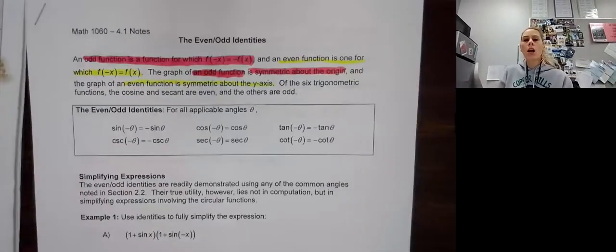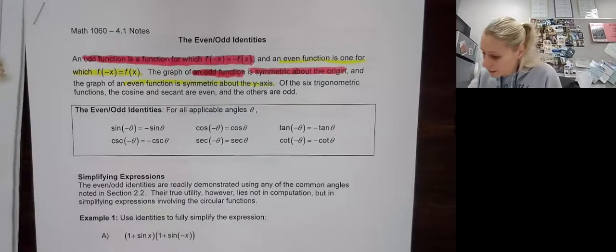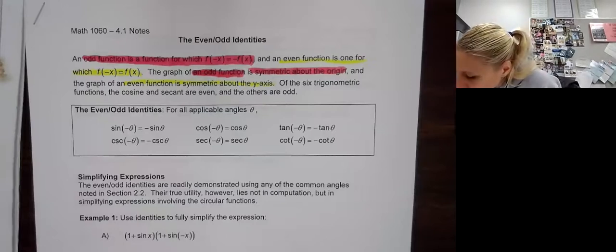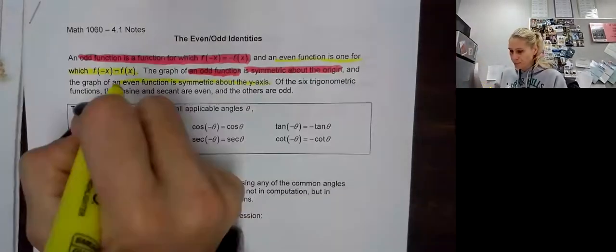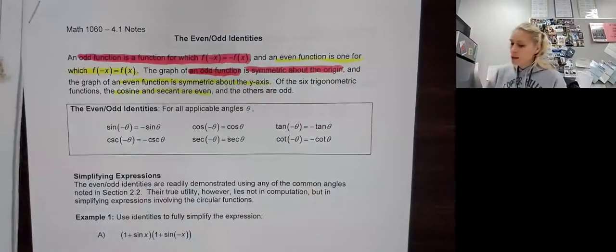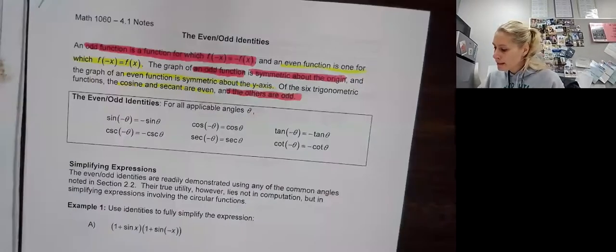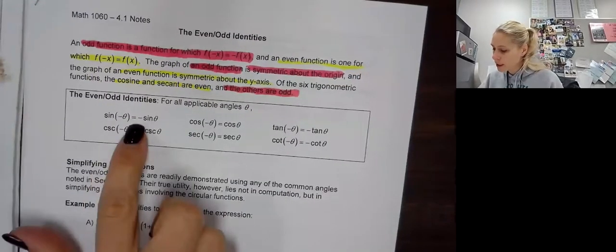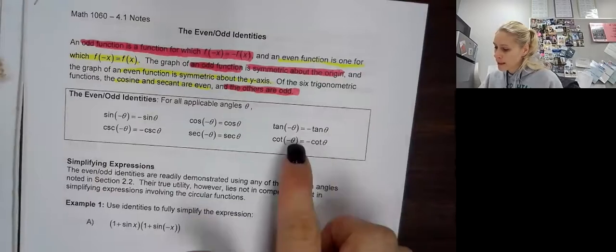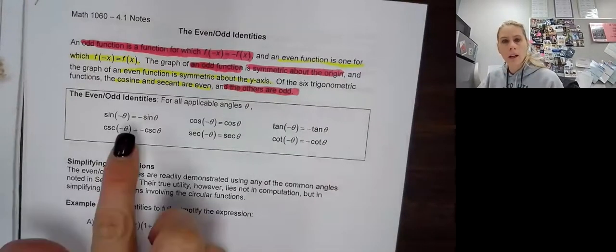Of the 6 trig functions, cosine and secant are even functions. Okay, even in yellow. So cosine and secant are even. And the others are odd. So as you can see, sine, tangent, cotangent, and cosecant are all odd functions.